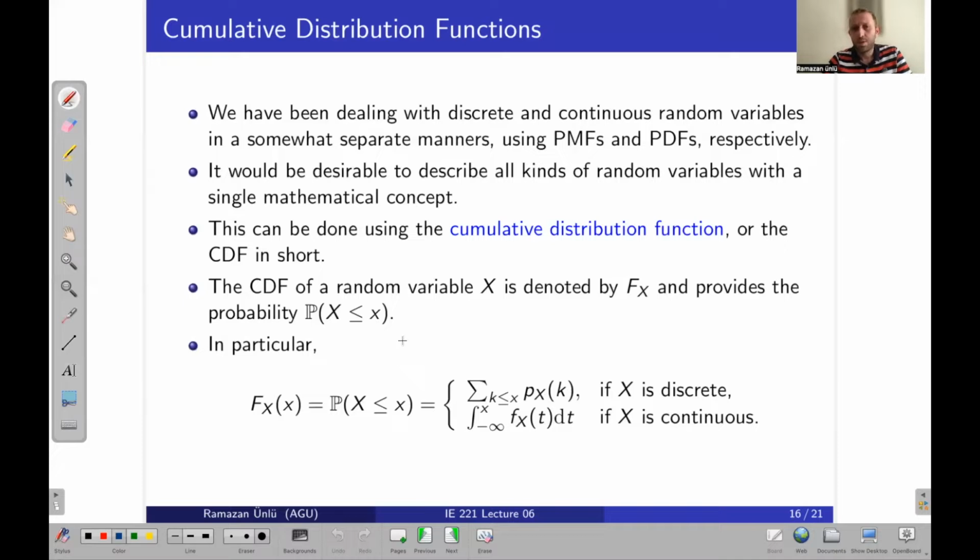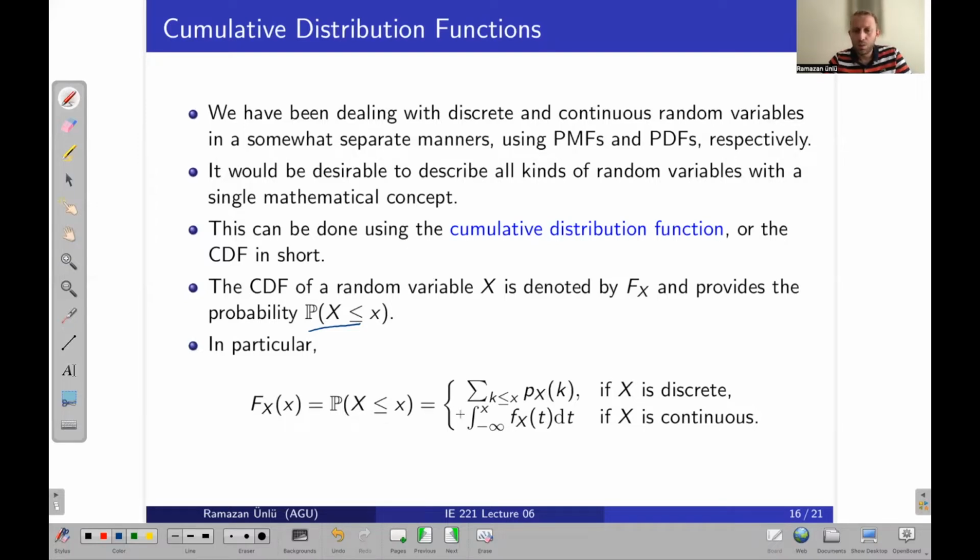The beauty of this CDF is that we can use it for both discrete random variables and continuous random variables. The CDF of a random variable X is denoted by F of x, and provides the probability that X is less than or equal to some specific value x. In particular, F of x will be equal to the sum of all the PMF values if X is a discrete random variable, where k is less than or equal to that specific value.